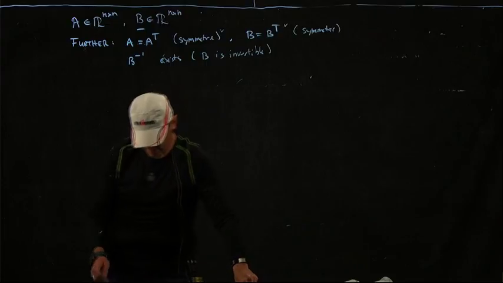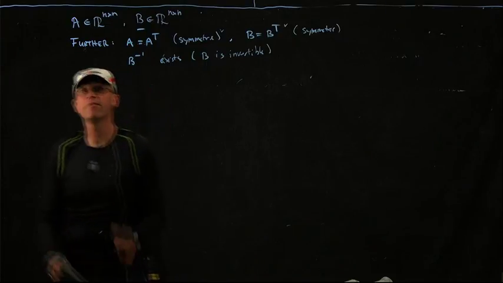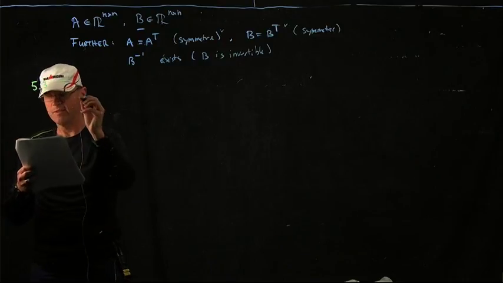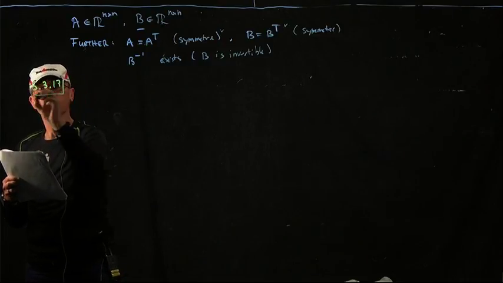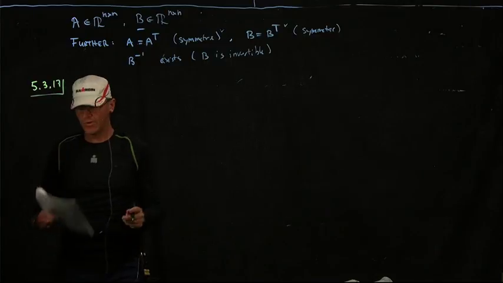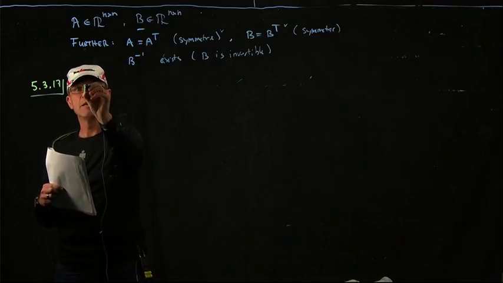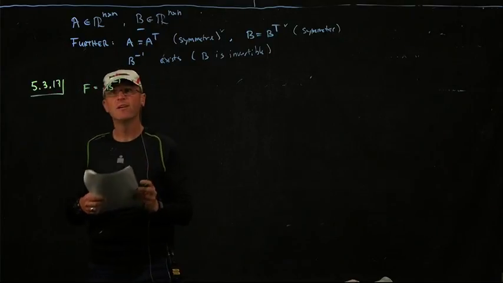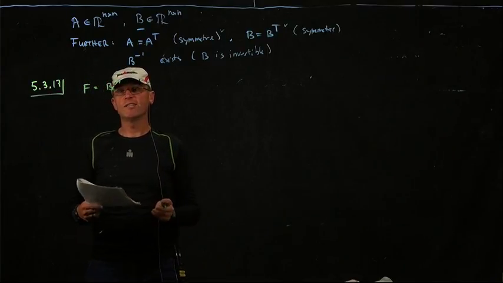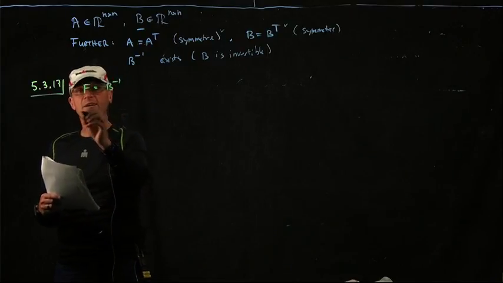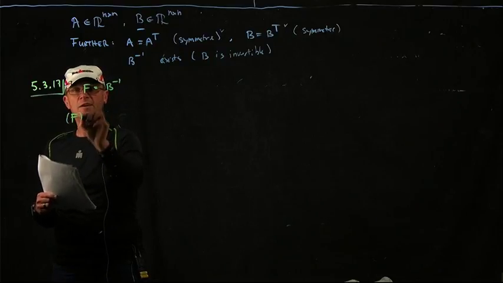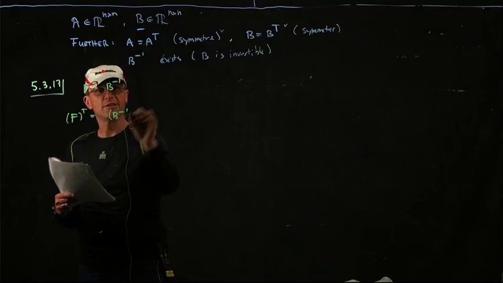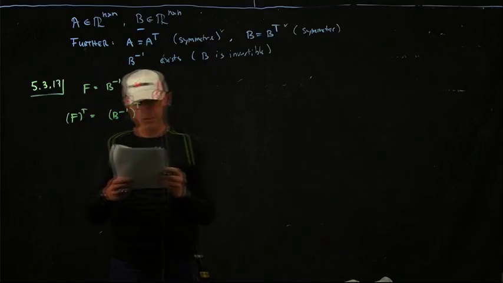So we have 5, 3, 17, and we're forming the matrix, call it F, which is B inverse. And again, the question is, is that symmetric? So F transpose is B inverse transpose.